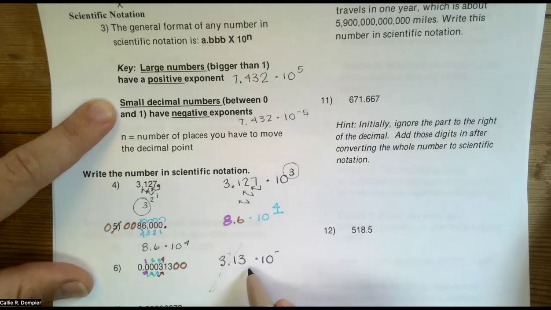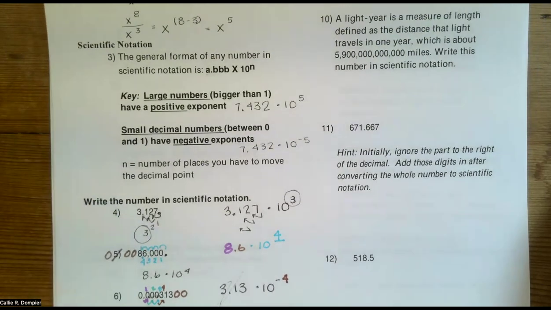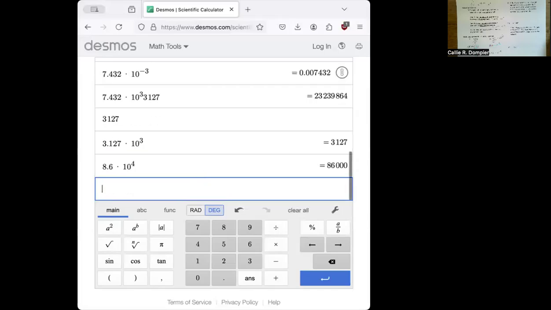So it's going to be 3.13 times 10 to the negative 4, not negative 3, even though you counted the 3 zeros. Count those 3 zeros and get behind the 3. That's a 4th. So 3.13 times 10 to the negative 4th. Check your answer. 3.13 times, not plus, times 10 to the negative 4th.